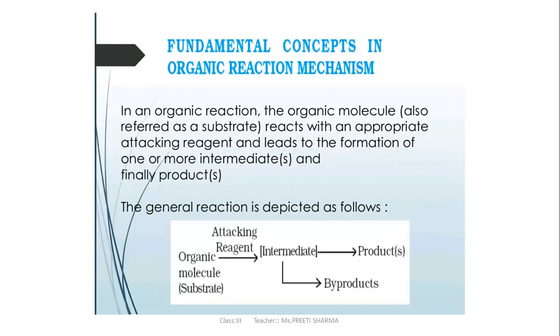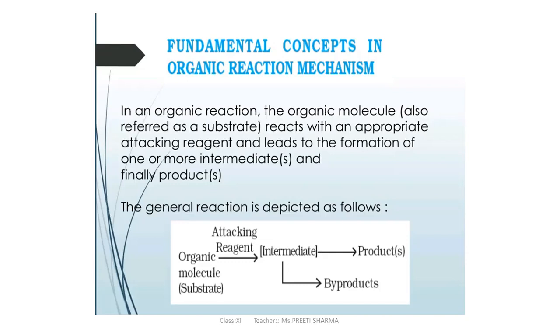When the attacking reagent attacks it, it changes into product, but there is one intermediate or byproduct between substrate and product, or reactant and product. reactant and product के बीच की जो species होती है उसे हम बोलते हैं intermediate, और वो कैसे बनती है, जब reactant के ऊपर कोई attack करता है, and that attacking reagent is known as attacking reagent.